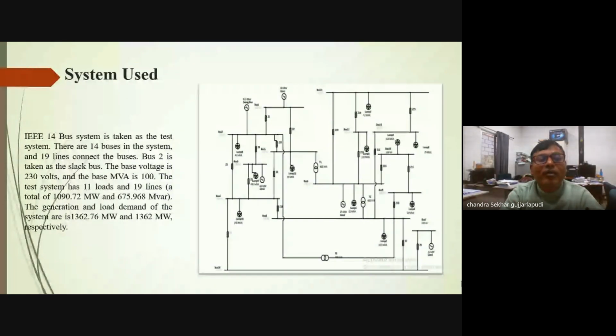The total real power was 1090, reactive power was total 675, and generation and demand were 1372.76 and 1362 megawatt respectively.